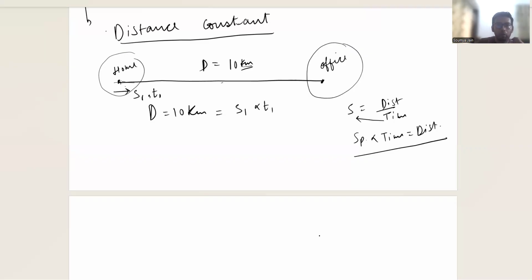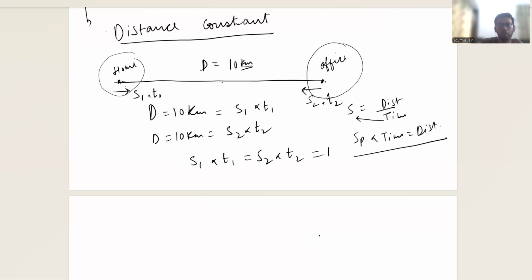Now, while coming back from office to home, if I travel at a speed of, let's say, S2 and I take time T2, then again I can also write D equals to 10 kilometers equals to S2 into T2. It also makes sense. Distance covered is 10 kilometers and time taken is T2. So it should be the same. Since these two things are same, I can equate them. So it becomes S1 into T1 equals to S2 into T2. This is equals to D.